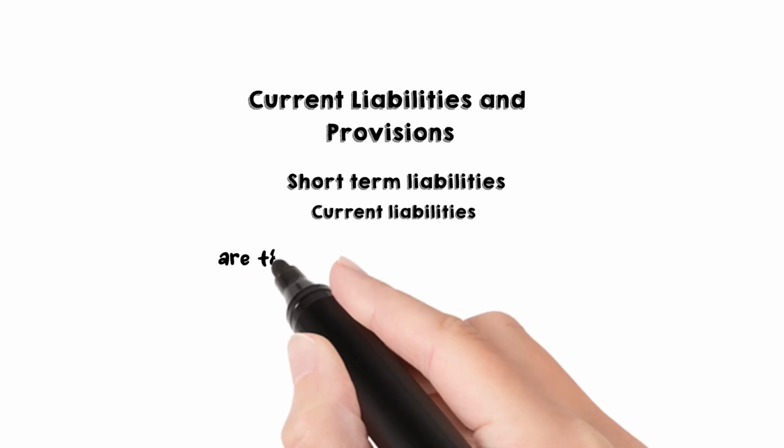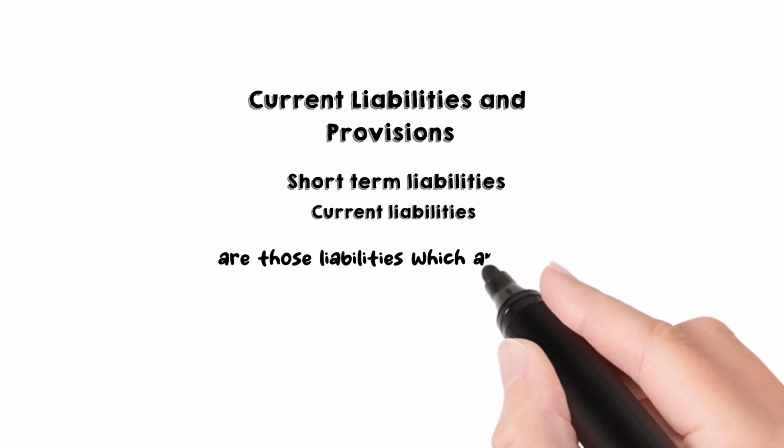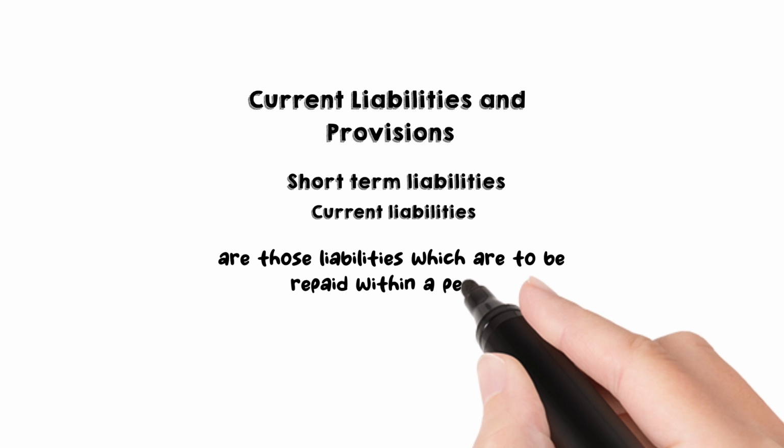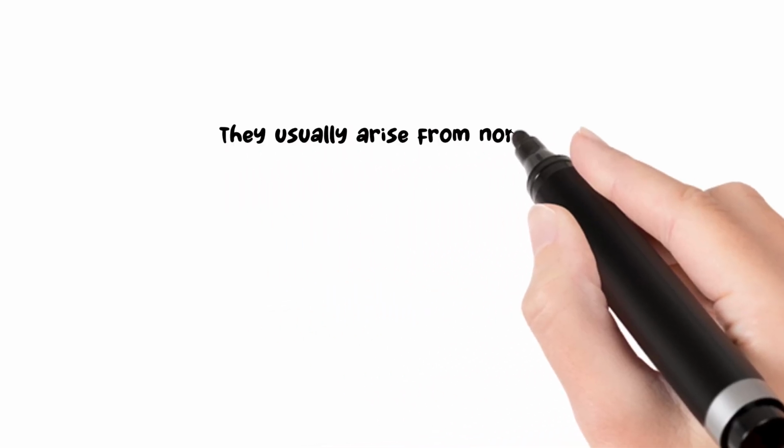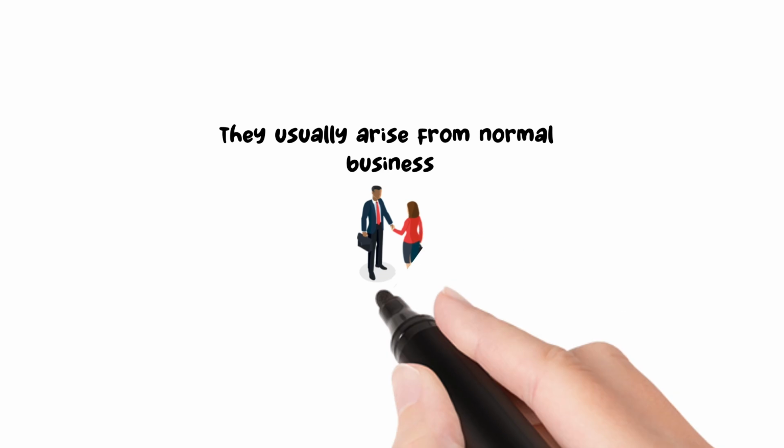Current liabilities and provisions. The short-term liabilities or current liabilities are those liabilities which are to be repaid within a period of 1 year. They usually arise from normal business transactions.